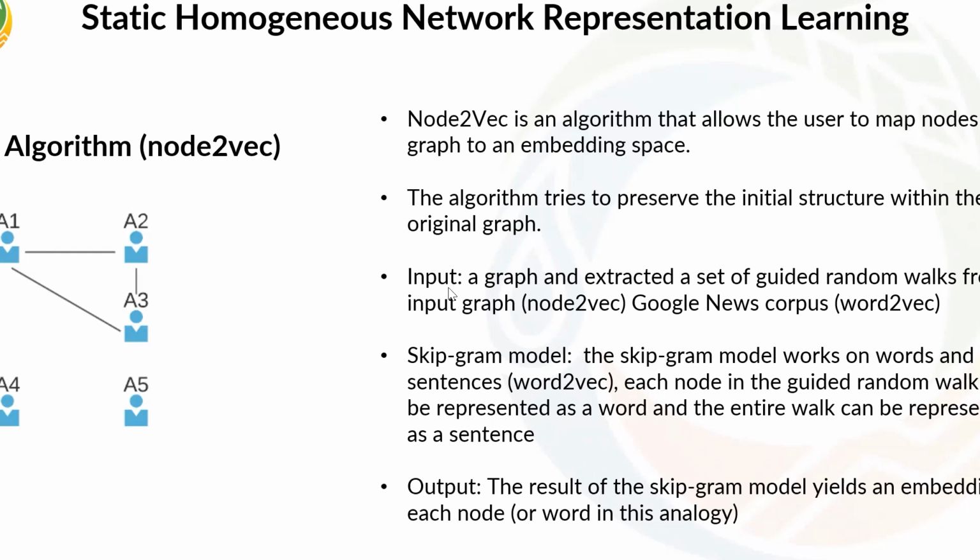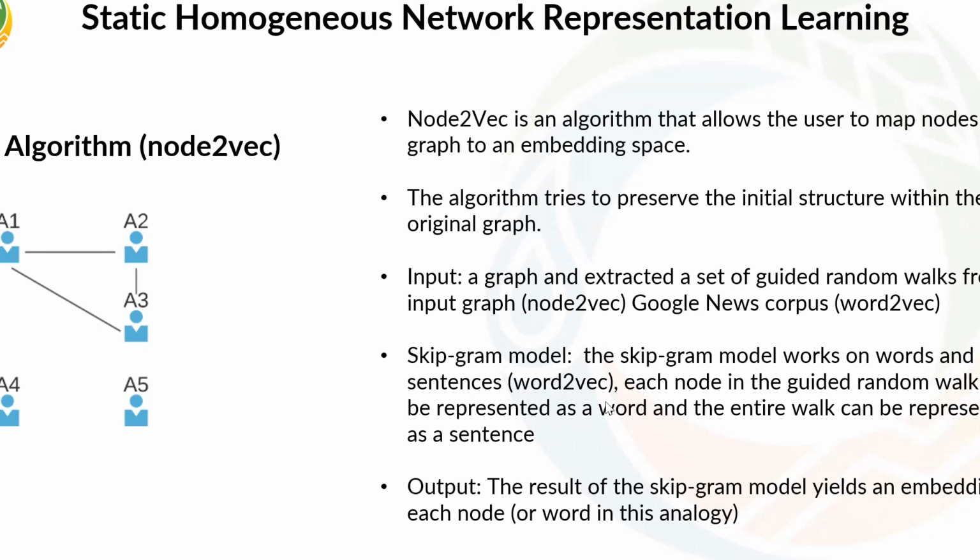For the three aspects I mentioned earlier, we can look at them more specifically here. The input of node2vec is a graph, from which a set of guided random walks is extracted. The input of word2vec is the Google News corpus. And these two algorithms both use the skip-gram model.